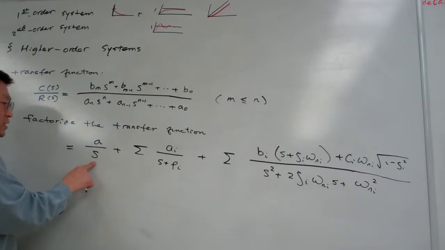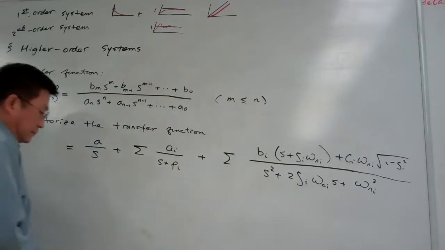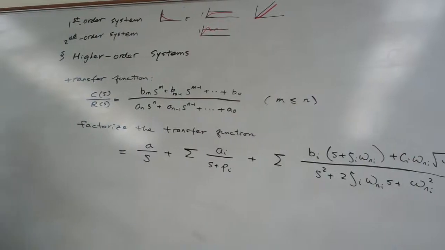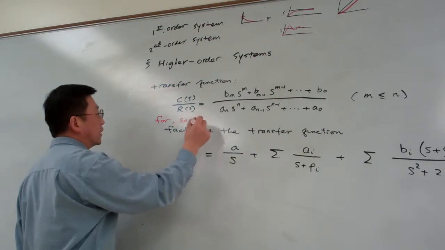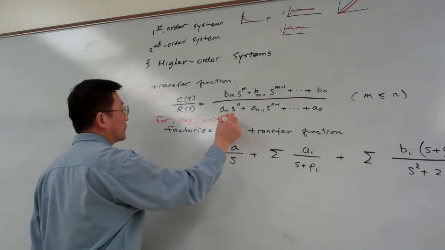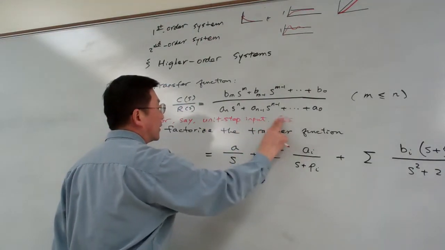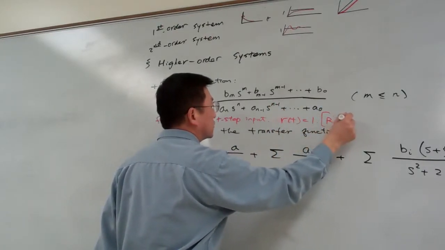For this one, this is going to be in the time domain. Let me convert into this. I think I forgot one thing. For example, take a unit step input, which means r(t) equals 1, or R(s) equals 1 over s.